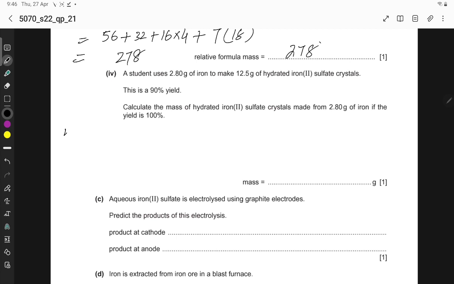So mole of iron is equal to 2.80 divided by 56. This is 0.05.